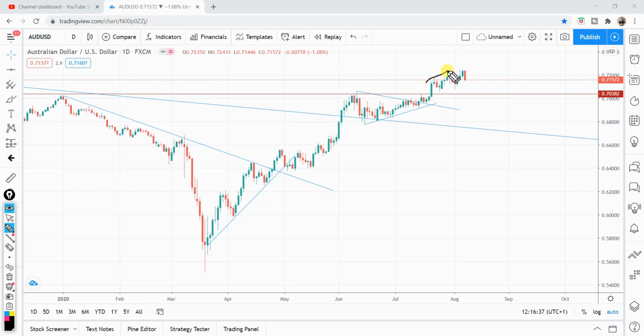Here it's starting to curve, and on Friday we had a downside move due to non-farm payrolls. It pushed the price down, and I do think it's going to have a continuation.